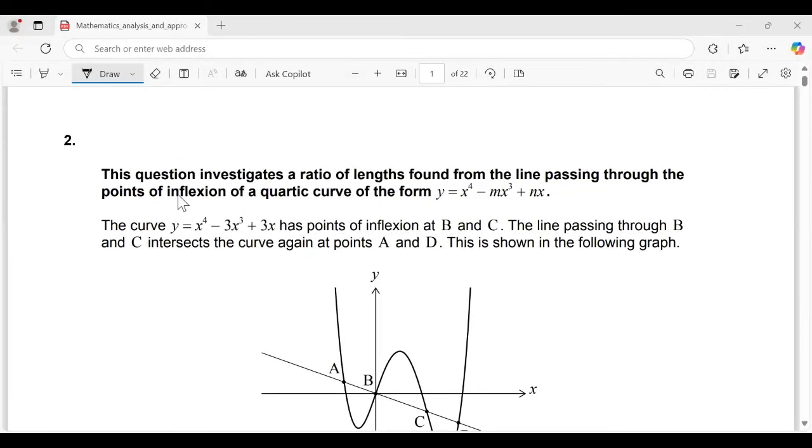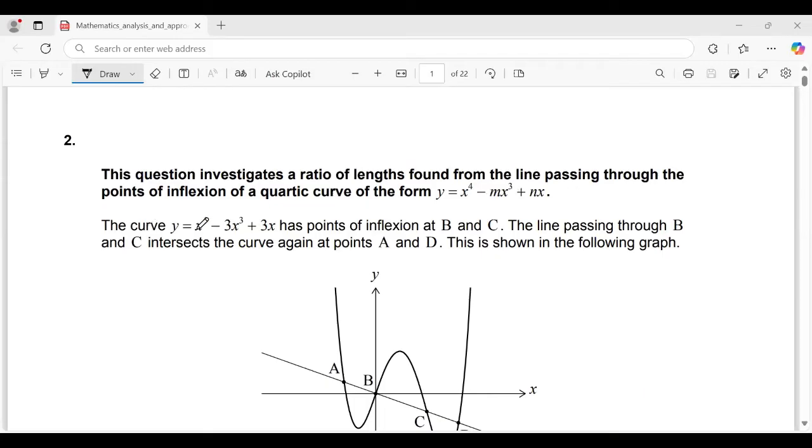Number 2, this question investigates a ratio of length found from the line passing through the points of inflection of a quadratic curve of the form y equals x power 4 minus mx cubed plus nx.